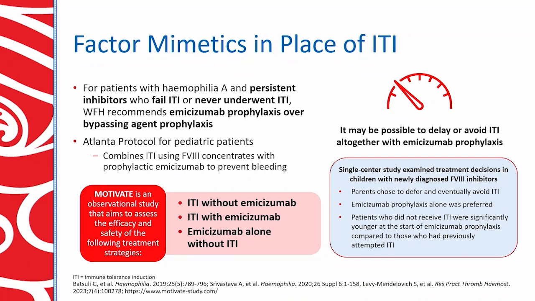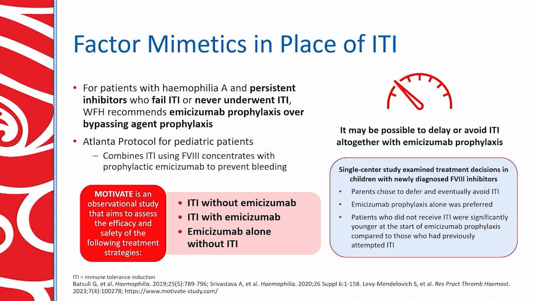And we have information from this smaller study that ITI might be delayed or avoided when emicizumab prophylaxis is used. In this study, parents were also asked, and the parents' preference was to defer or even avoid ITI, and parents also preferred emicizumab prophylaxis alone.